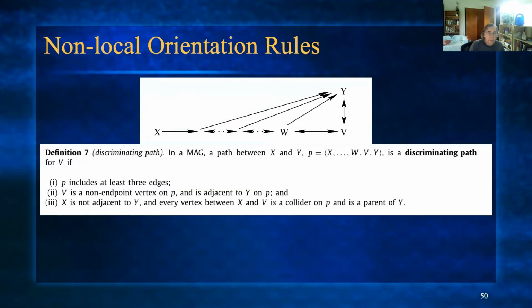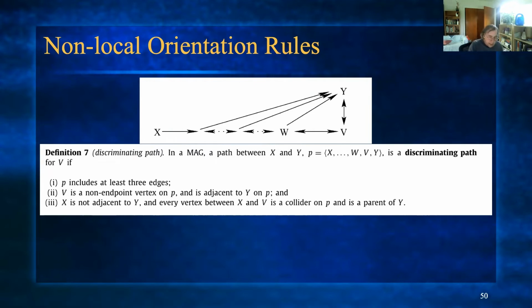Okay. A couple other points about the partial ancestral graphs, which I'm not going to go into the gory details about. But there's essentially a kind of non-locality to the partial ancestral graphs, which is not true of either DAGs or CPDAGs, or patterns, as we call them.